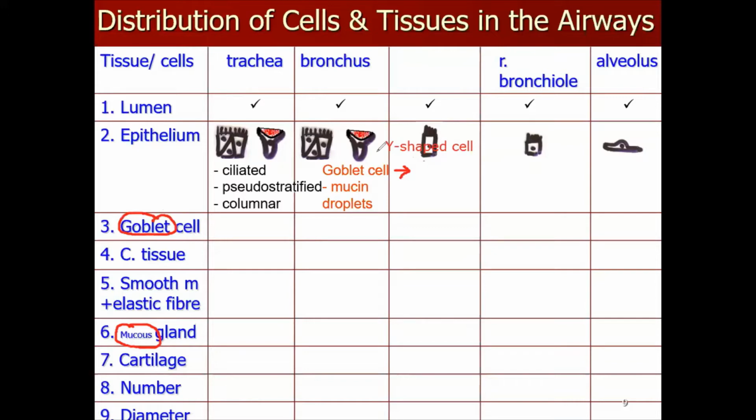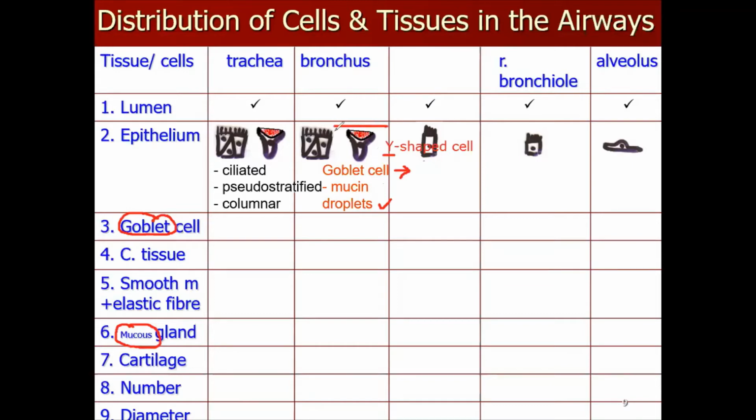So the goblet cell is Y-shaped, and you have to draw the cell like this. Look at the top here, there are a lot of tiny red dots, right? Each of these tiny red dots is a mucin droplet that the cell will secrete out to the lumen, and therefore it becomes the mucus.